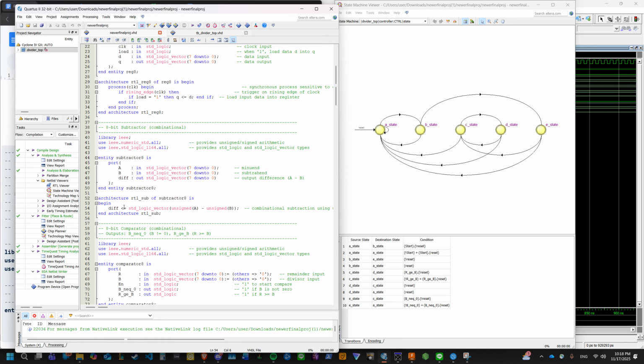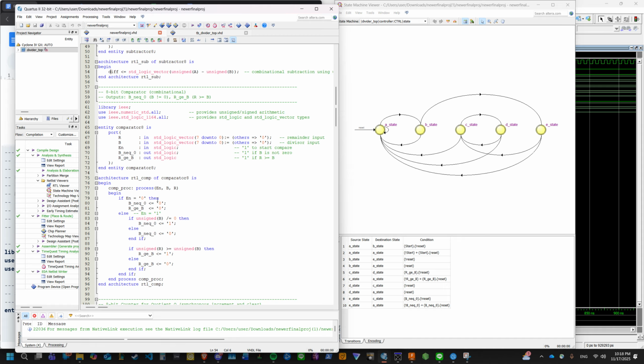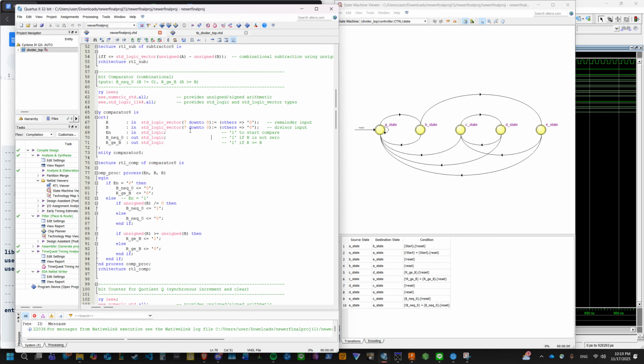into the difference here. The comparator is also simple. We just compare the R, which is the remainder, and the B, which is the remaining value.